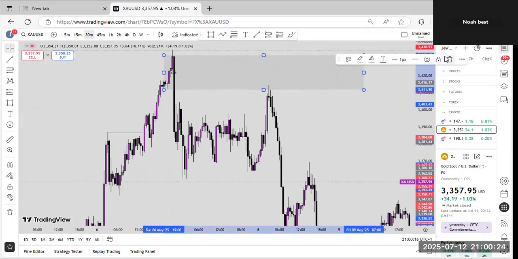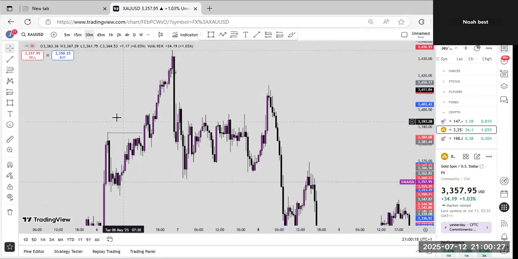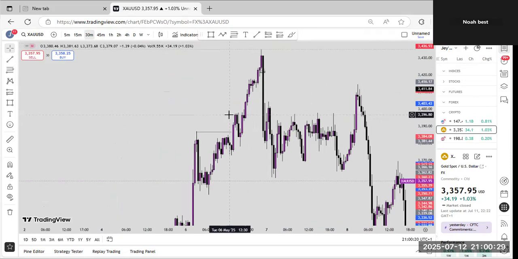Looking at what price did from this particular place, you will see price was trending upwards at first. High, low, high, low, high. Then price broke this last low in the market.